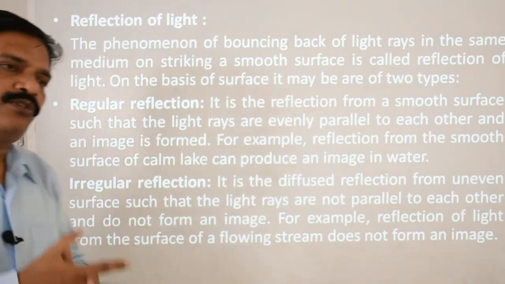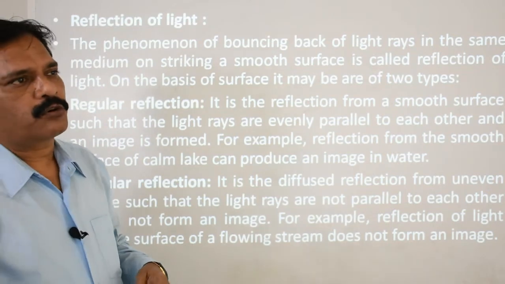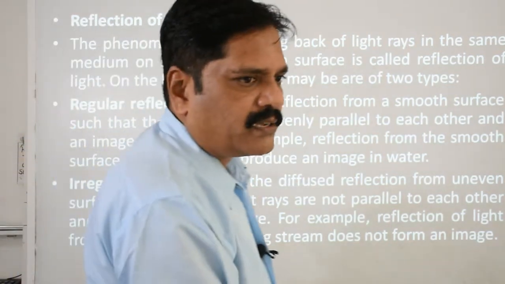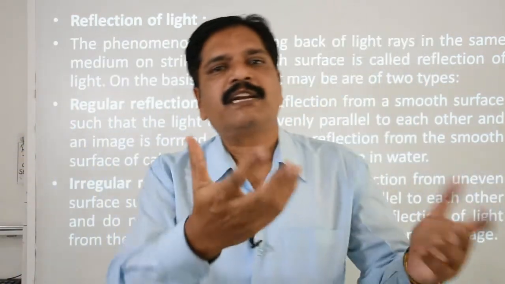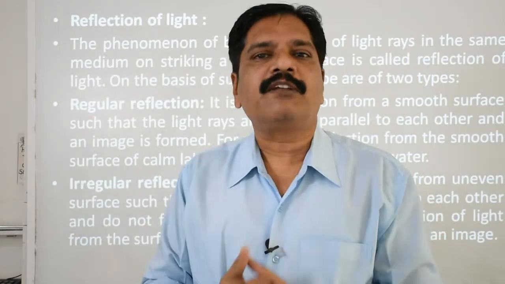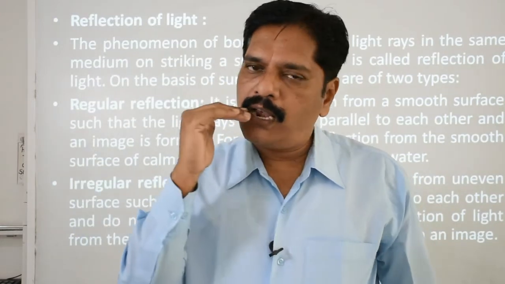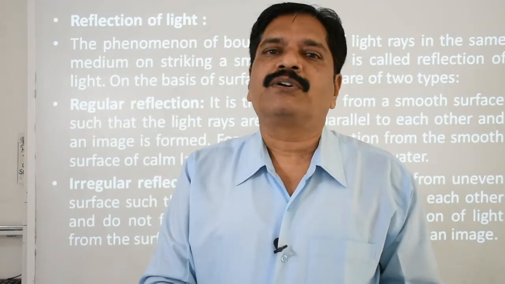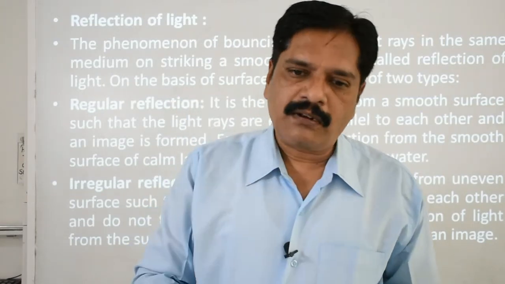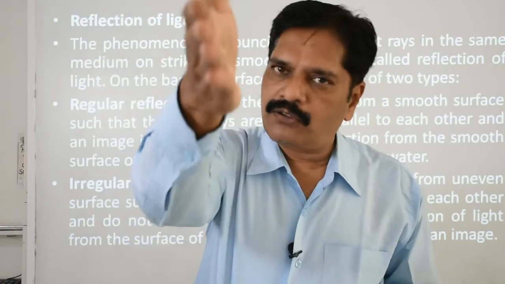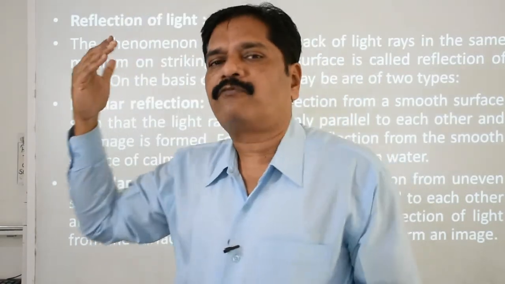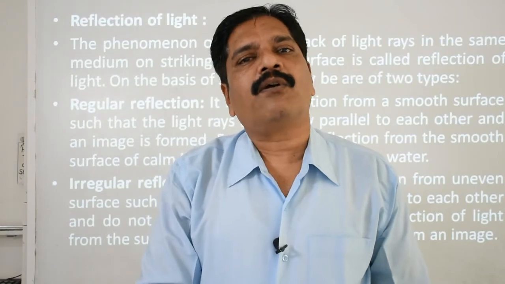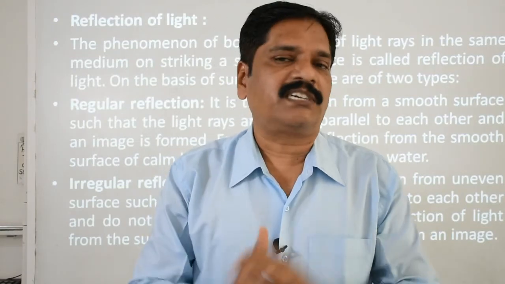When you throw a ball on a wall, it bounces back. Similarly, suppose you have a source of light like a torch, shining on a plane mirror. By whatever angle it strikes that surface, it will reflect back with an angle equal to the incident ray.